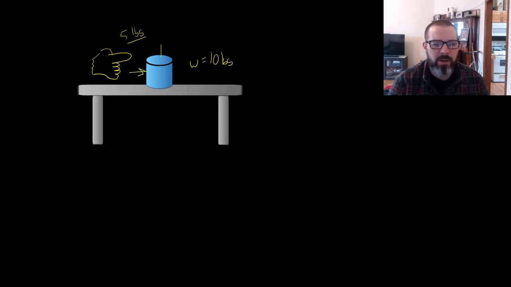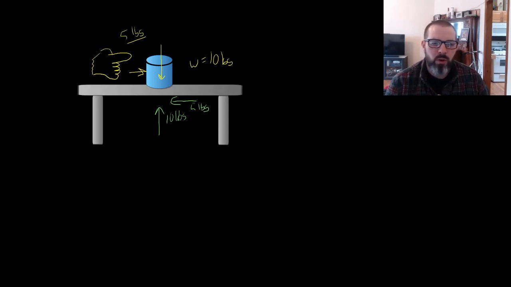So we have 10 pounds acting down, 5 pounds acting to the right, but the can isn't moving, so we're going to say that it is in equilibrium, or static equilibrium, which means that the table is acting up with a force of 10 pounds, and to the left with a force of 5 pounds.